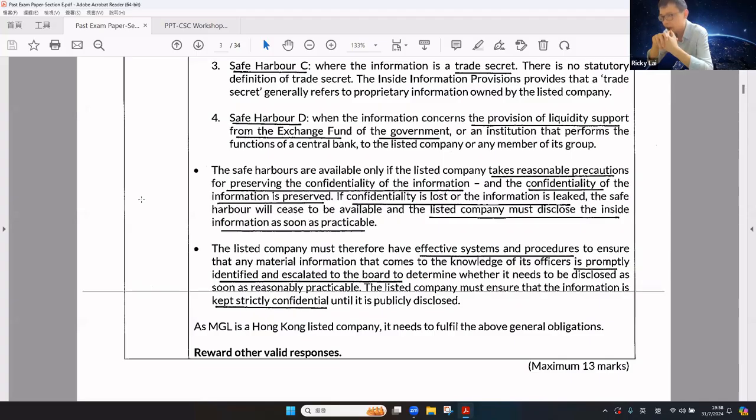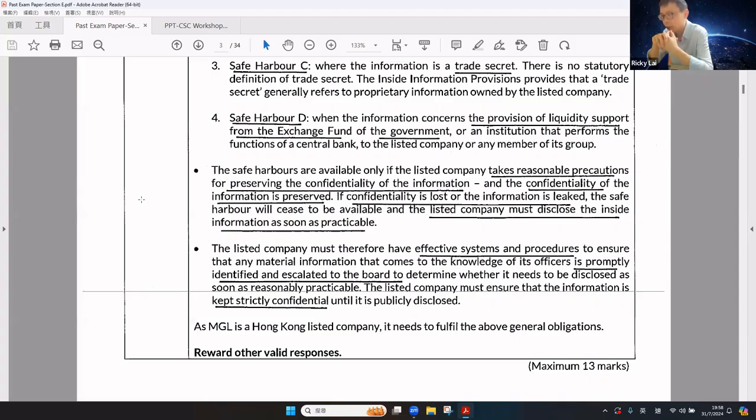Since the company is a Hong Kong listed company, the company should comply with both the SFO and the listing rule requirements. In terms of inside information, to ensure confidentiality, the company should arrange non-disclosure agreements for all the parties. The company should have a good risk management and internal control system to ensure that confidentiality can be maintained.